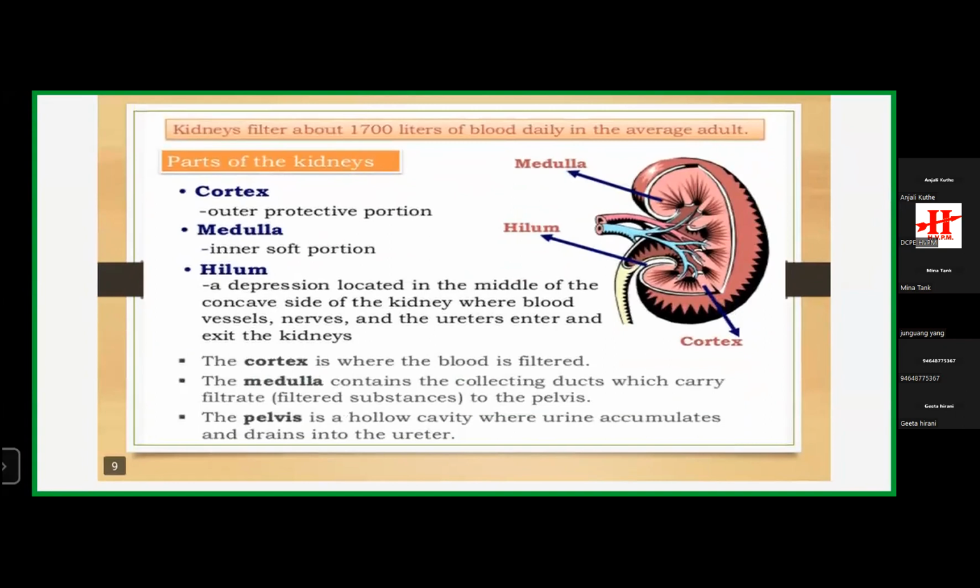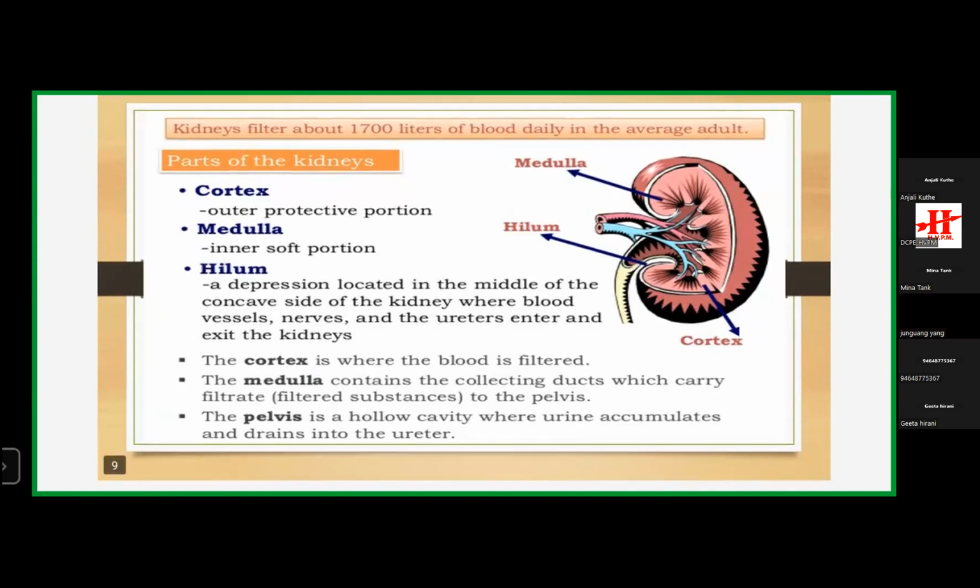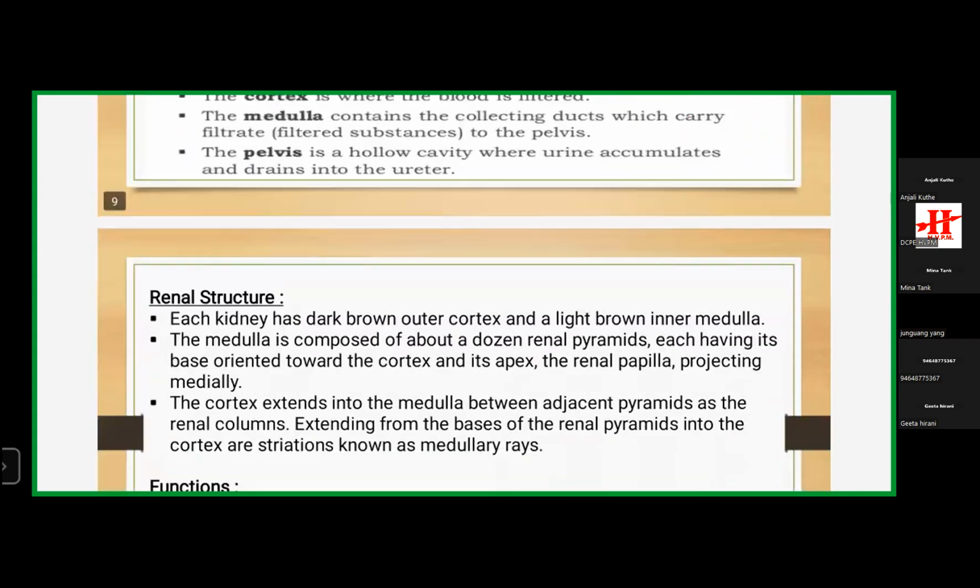Having internal structure, cortex and medulla we have seen. Cortex, medulla, then the hilum, and from the hilum, important blood vessels, entrance and exit, and then the ureters, they carry the urine.